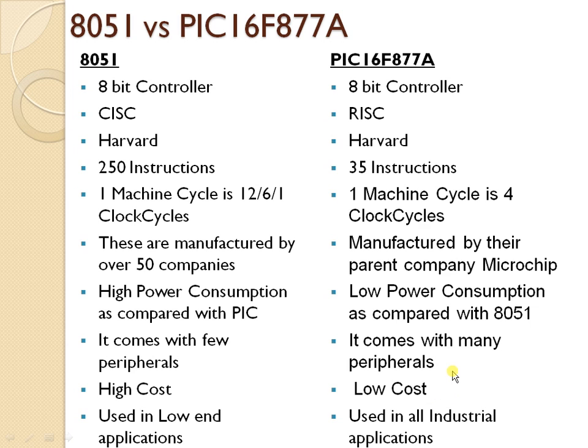PIC comes with many peripherals, whereas the 8051 comes with only a few peripherals. PIC is low cost and 8051 is high cost. PIC is basically used in industrial applications, and 8051 is used in low-end applications.